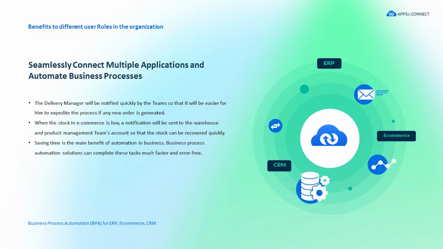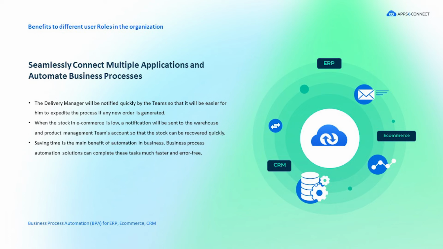Now let's have a look at what benefits we will have if we follow these business scenarios. The delivery manager will always be updated regarding the sales, so it will be easier for him to expedite the process of any new order generated. He can focus on fulfilling that particular order, which definitely increases customer satisfaction.